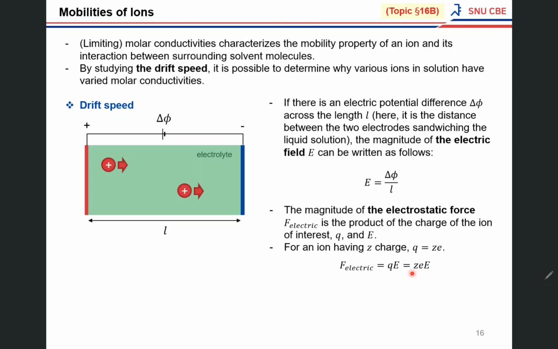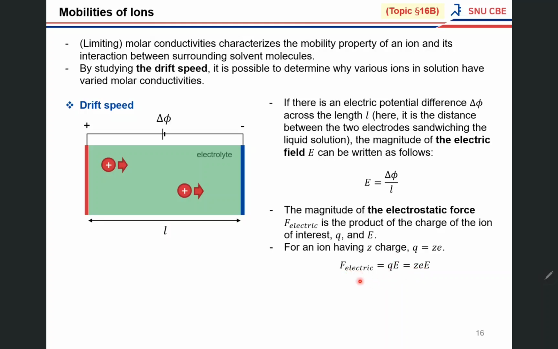And here the electrostatic force exerted on one of the ions is the product of Q and the magnitude of the electric field, according to general physics knowledge, which is QE here, and you substitute this Q with z and e.